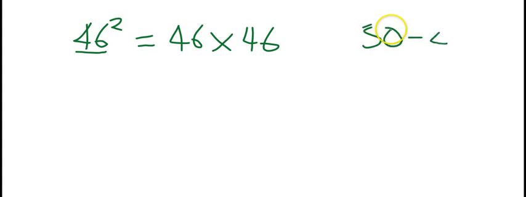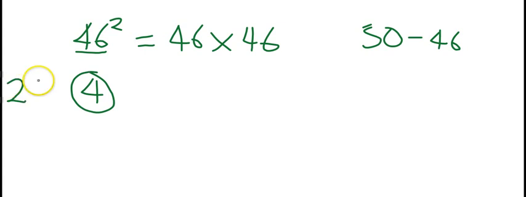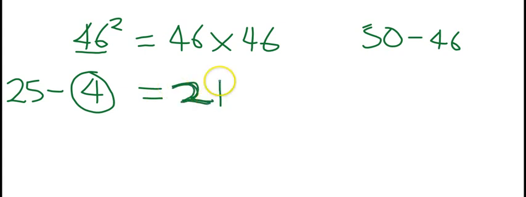And so 50 minus 46 will give us 4. This 4 is very important to us. So keep the 4 in mind and subtract this 4 from 25. So do 25 minus 4 and the result will be 21. And this 21 is the first 2 digits of our answer.